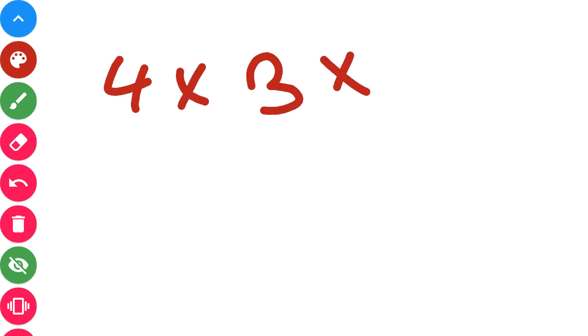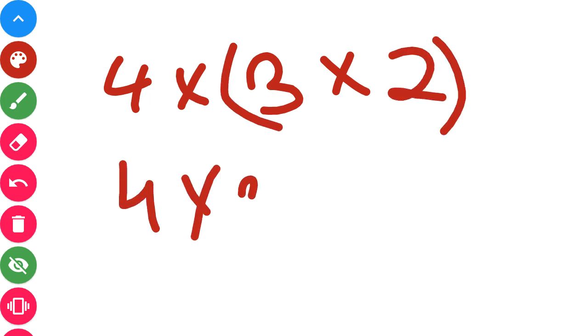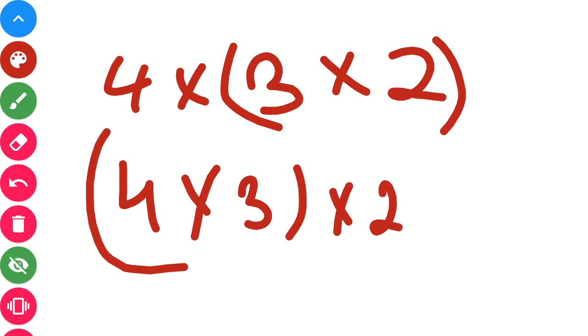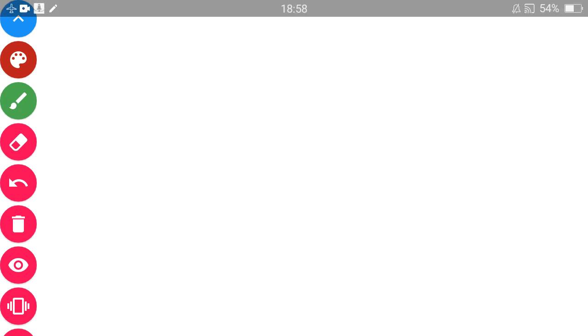We did this in addition also. Suppose I have to multiply 3 numbers. I can regroup these numbers in any form and my answer will remain the same. First I regrouped 3 and 2 and later I regrouped 4 and 3, but my answer remains the same in both cases. Great. So here we have revised all the properties of multiplication.